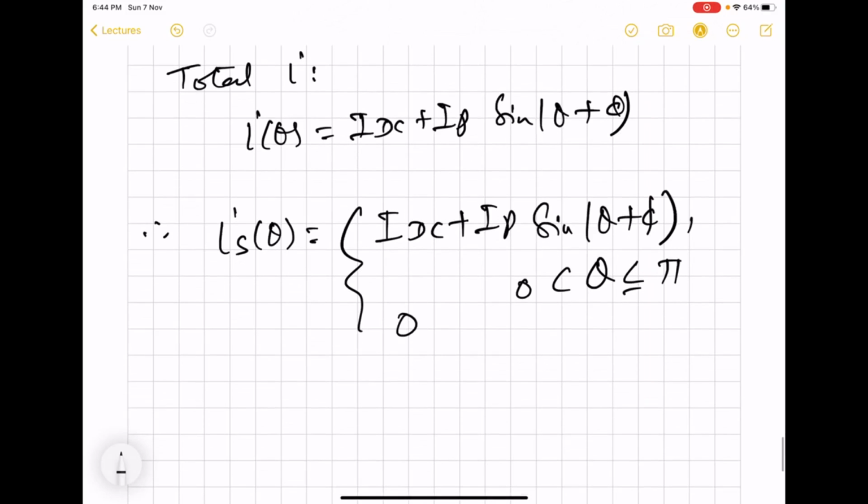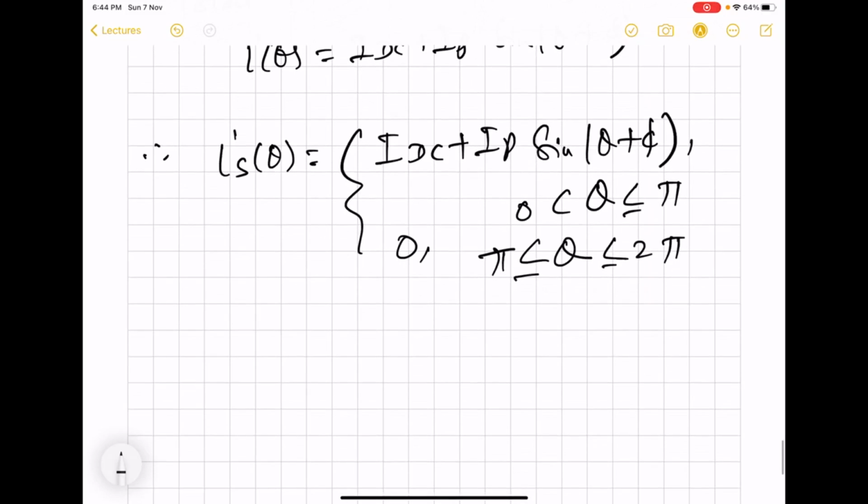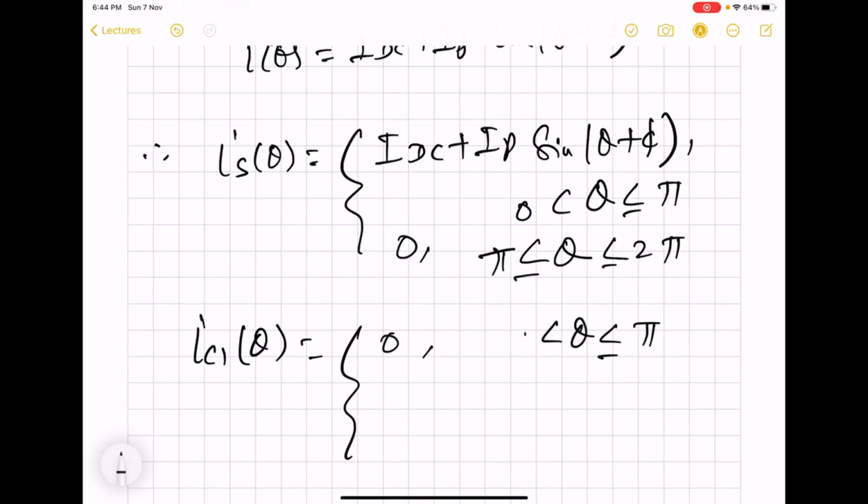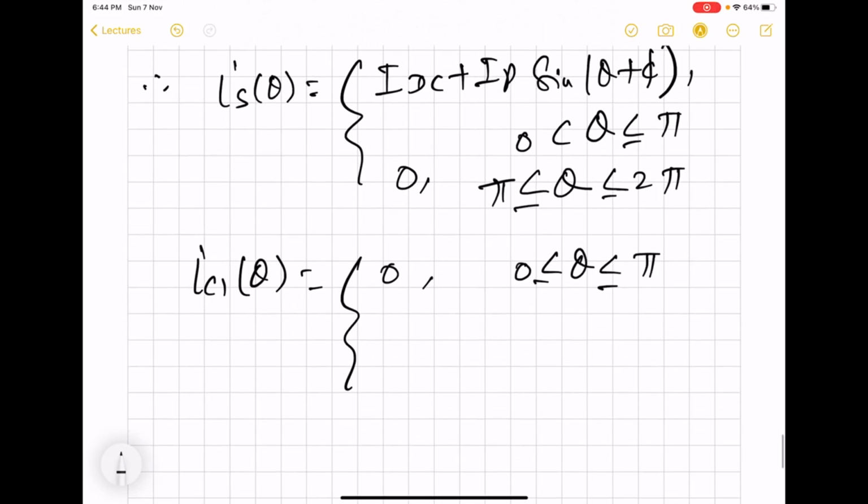That means for the first half. And then, of course, it is 0 because the switch is open for this duration. While the capacitor current is 0 during the first part, but it is equal to the total current for the second half.